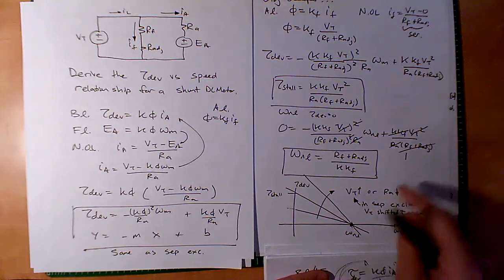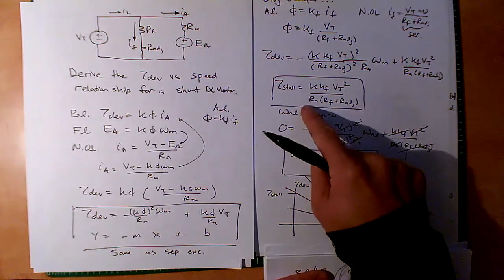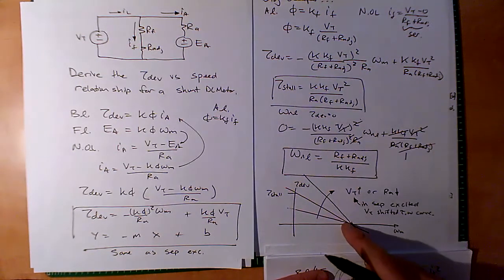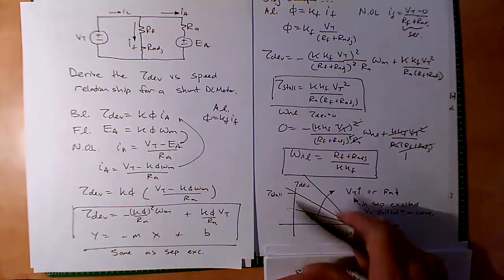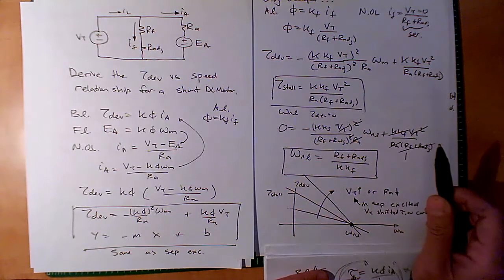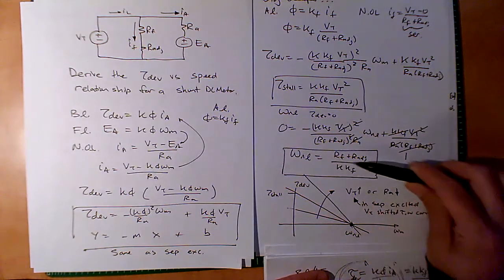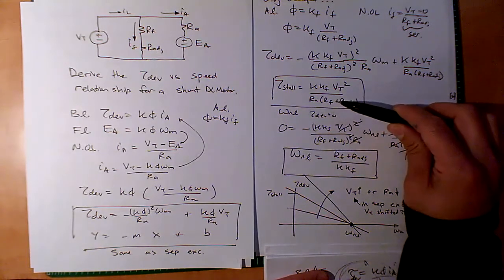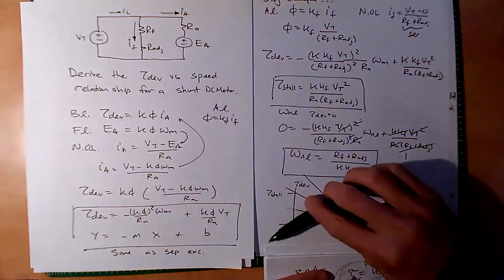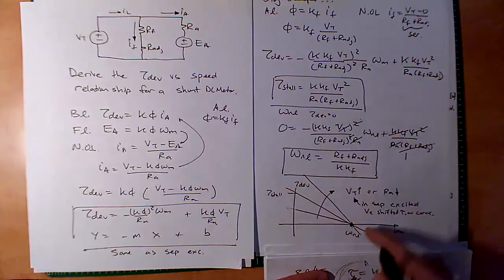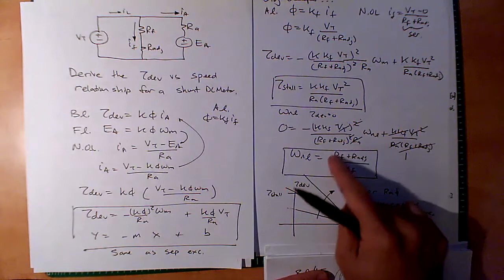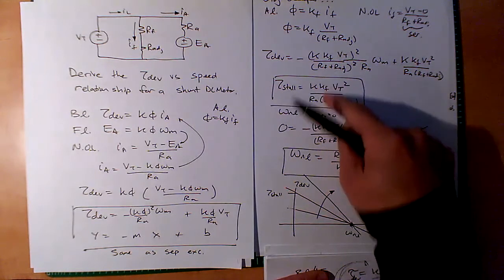The same is true for changing RA. Notice RA does not affect the no load speed. So decreasing RA will also rotate it, but it's not as sensitive as changing the voltage. The other thing that you can notice is RF plus R adjust, which is controlling the field current, is rotating still, but it's also moving the Y and X intercept, because it's occurring in the no load speed as well as the stall torque.